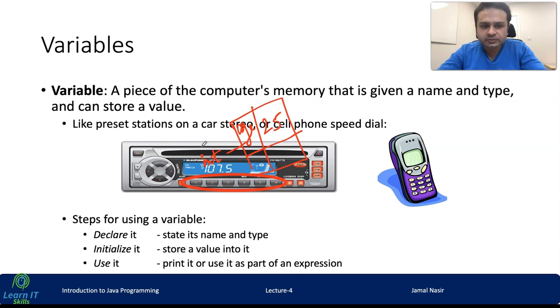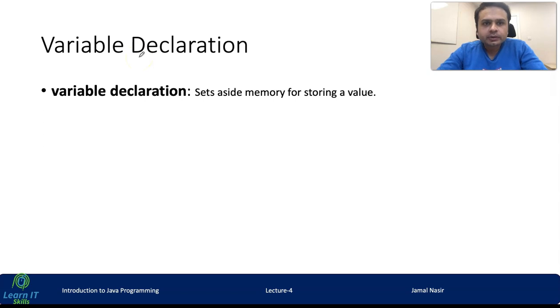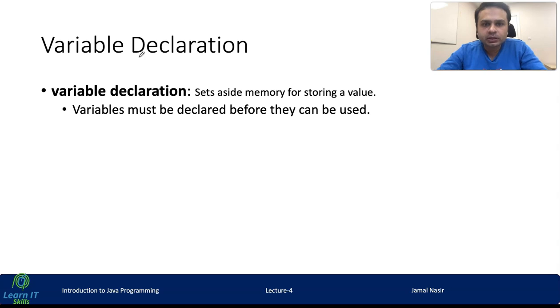We can use this variable to assign its value to some other variable, as a part of an expression. So variable declaration sets aside memory for storing a value. Basically we tell memory that we need this variable, and we know that every data type has some size, right? 4 bytes, 8 bytes.